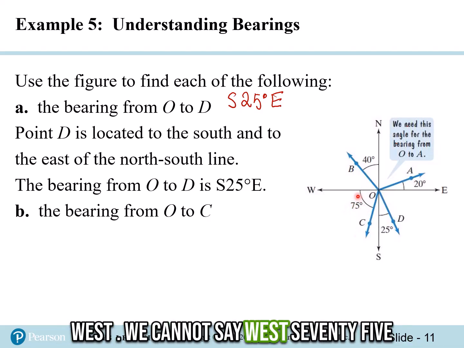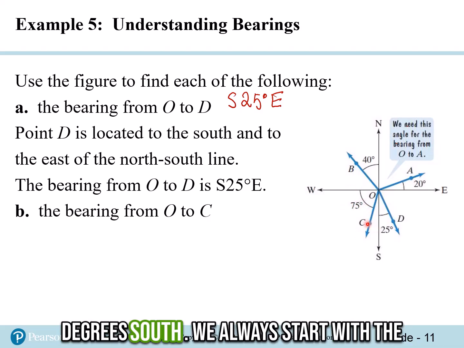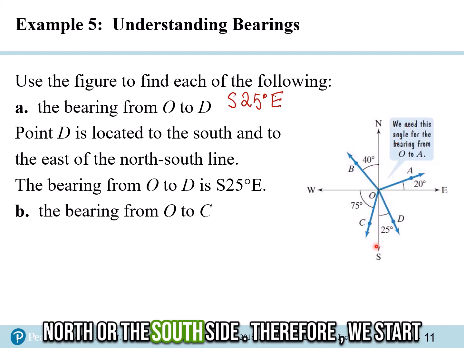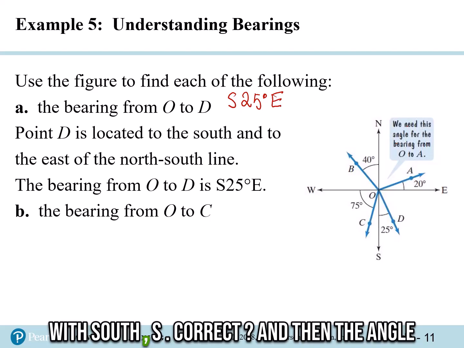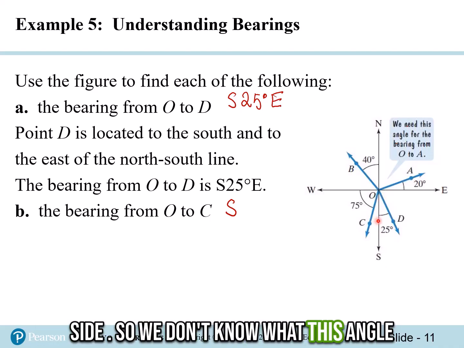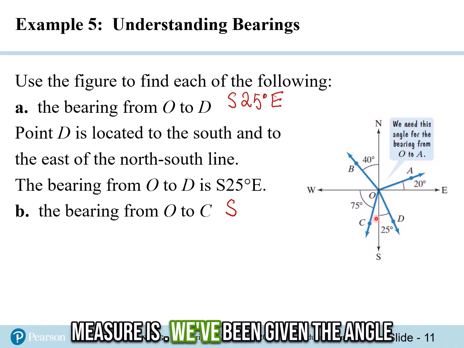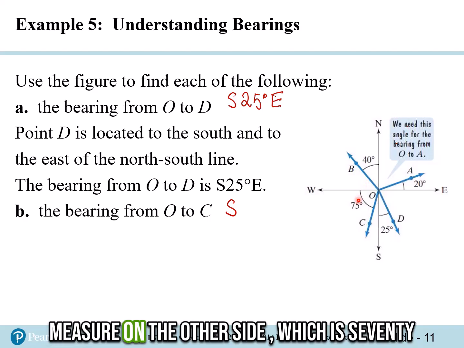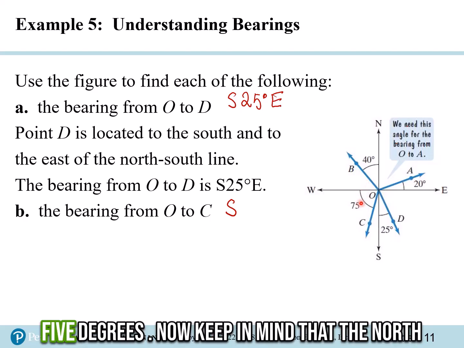We cannot say west 75 degrees south. We always start with the north or the south side. Therefore, we start with south, S, correct? And then the angle measure has to be with reference to the south side. So we don't know what this angle measure is. We've been given the angle measure on the other side, which is 75 degrees.